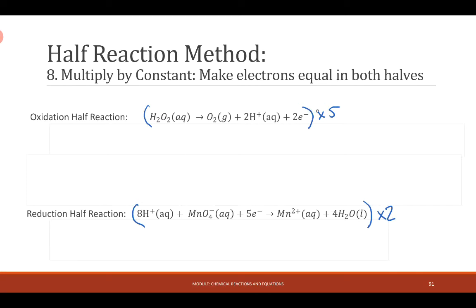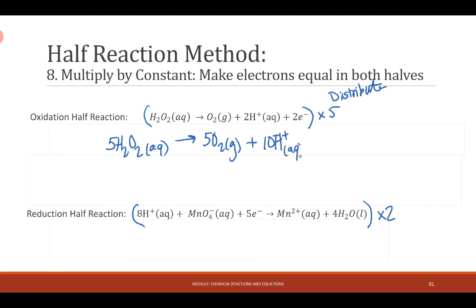So now I have to distribute out, and so I'll have 5H2O2 aqueous going to 5O2 gas and 10 H plus ions that are aqueous and 10 electrons.